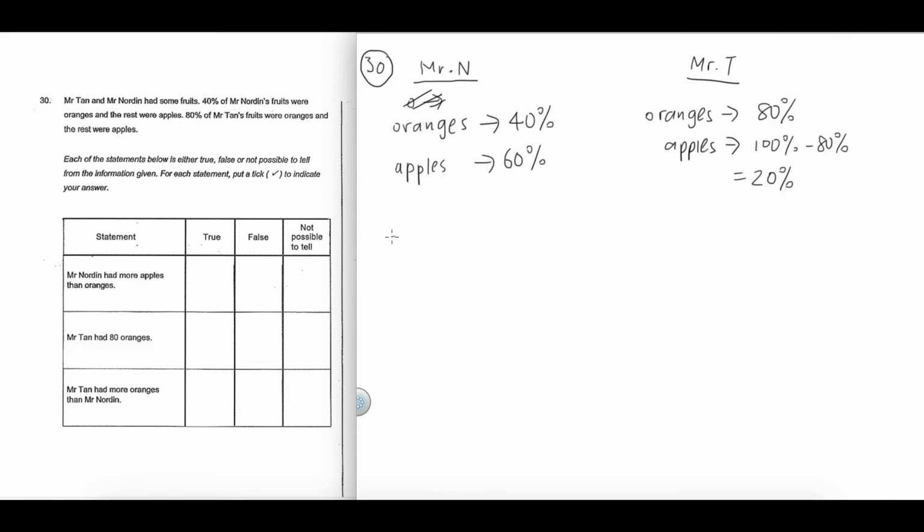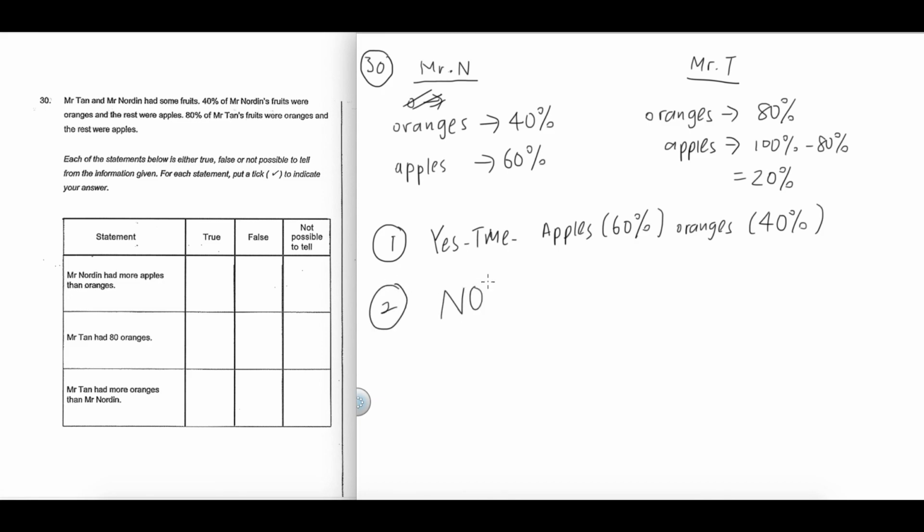The first question is, Mr. Nordin had more apples than oranges. Is that true? Yes, it's true. Because why? Apples, 60%. Oranges, only 40%. So if I compare, there are more apples. Okay? So this is possible to tell, and it's true. Number 2, Mr. Tan had 80 oranges.